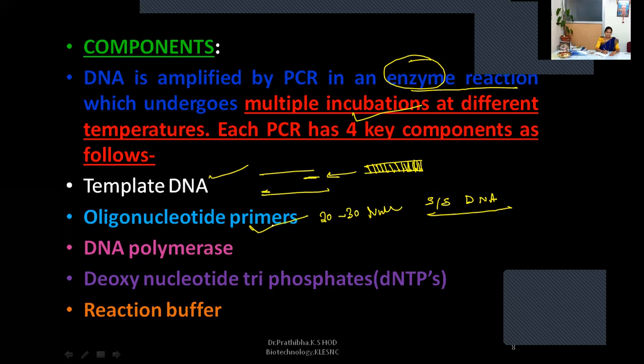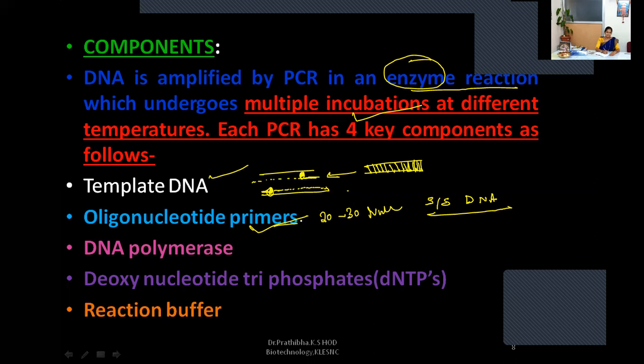These primers help in initiation of extension or synthesis in the presence of DNA polymerase enzyme. In the presence of DNA polymerase enzyme, the primers will be extended to obtain another copy for amplification purposes. You are understanding, no?